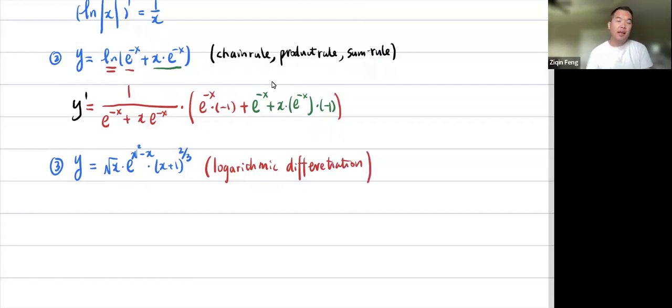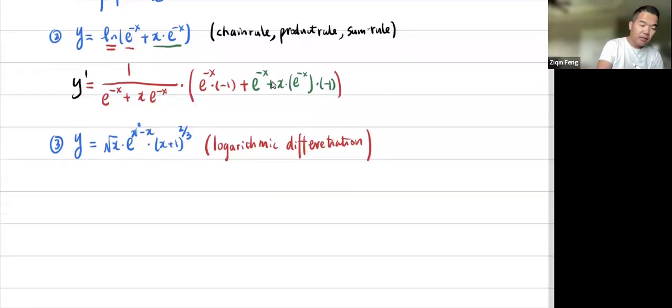The steps are: take a natural log first, because natural log is good at simplifying products or quotients or exponents, making it a much easier function. And then you can apply implicit differentiation to get y prime.